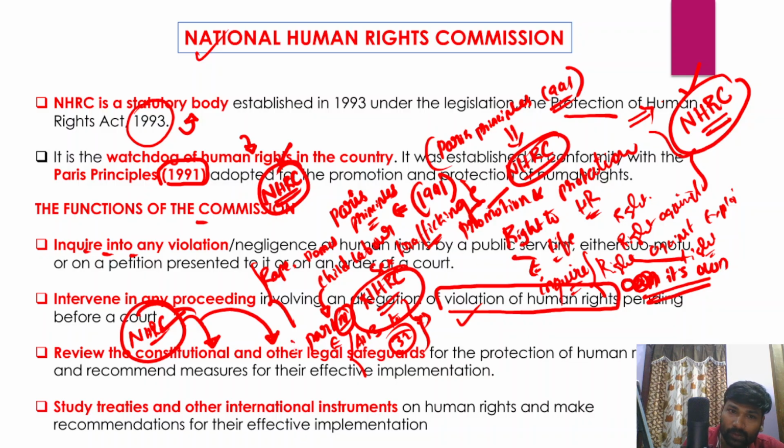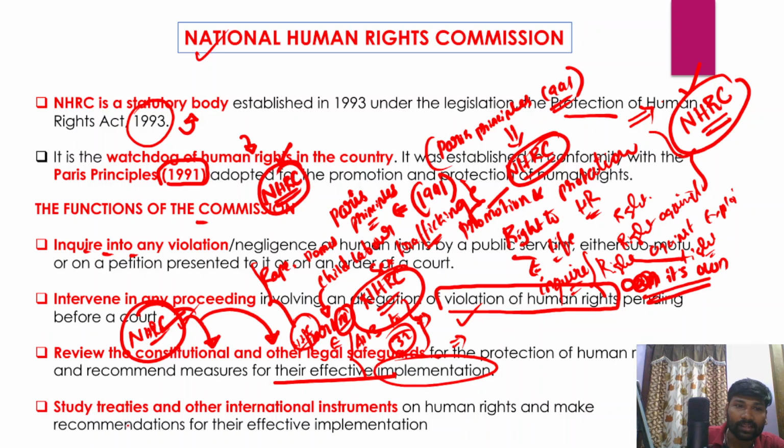Therefore, NHRC would also review the constitutional safeguards, and any legislation passed by the parliament for the protection of human rights of people. It will not just review those legislations, but also recommend measures for their effective implementation. That is also very, very important.